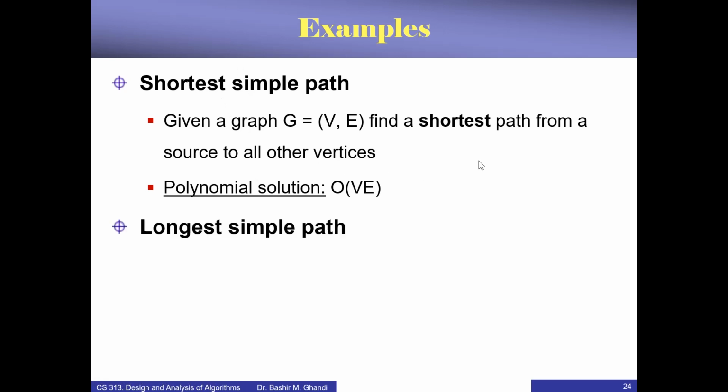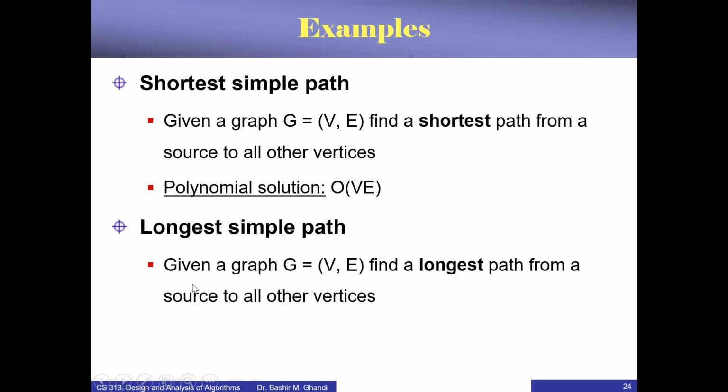But here is a similar problem, but unfortunately there is no polynomial solution to it. Longest simple path. Okay, given a graph G equal to (V, E), a pair of V and E, find a longest path from a source to all the other vertices.